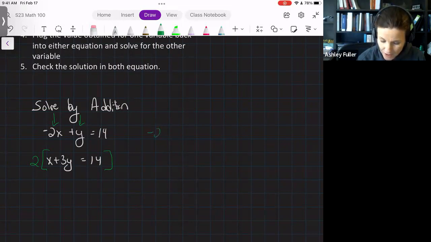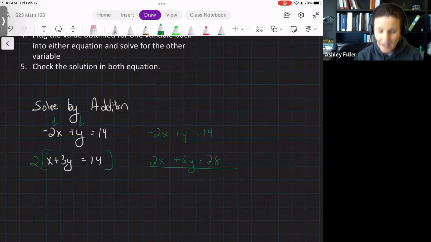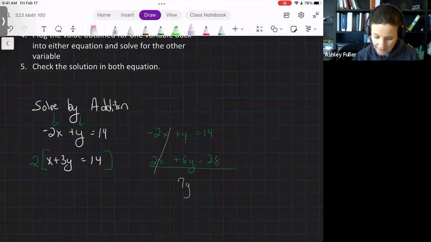The top equation will remain the same in this case, and the bottom equation, I'm going to get 2x plus 6y equals 28. Now we'll add these two equations, which these variables cancel, and I'm left with 7y equals 42.